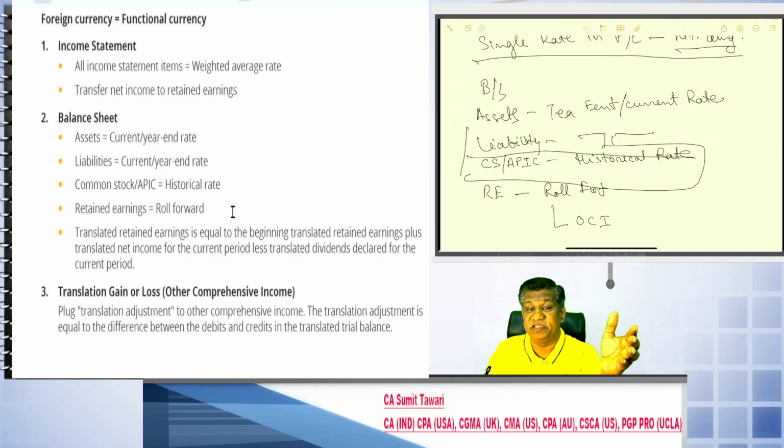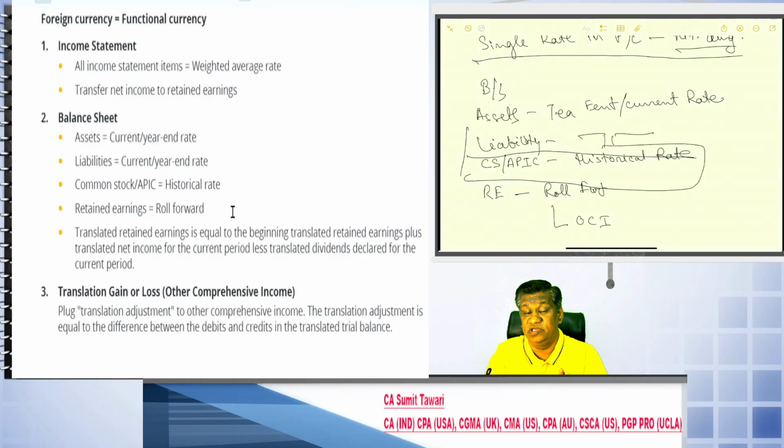Then remeasurement. In remeasurement you first need to evaluate monetary items and non-monetary items. In the income statement you are going to use two rates: one is the weighted average and the second is the historical. In the balance sheet you again use two rates: the closing or current rate and the historical rate.